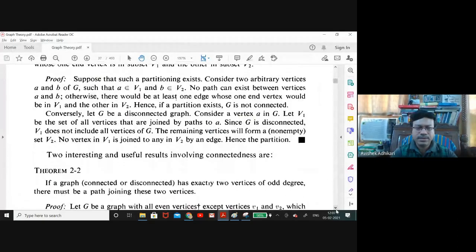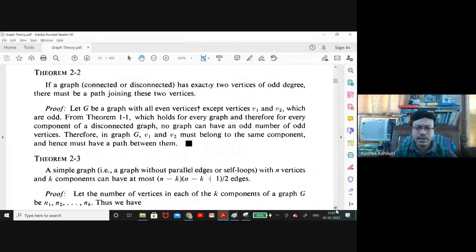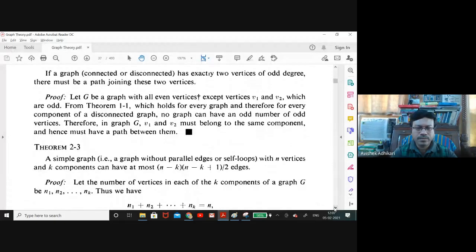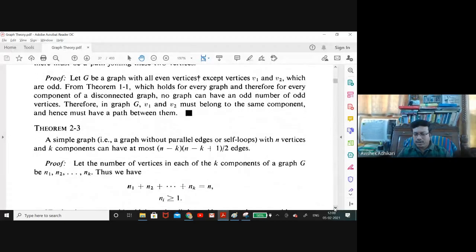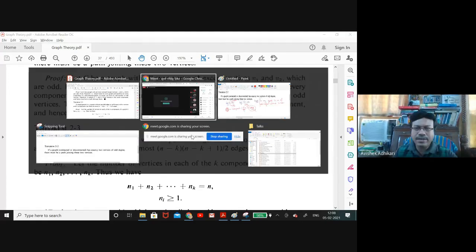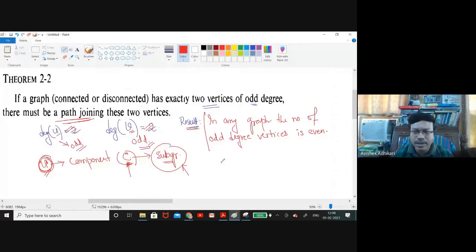It says a kind of bound. And note that this is true for simple graphs, not having parallel edges or self loops. That means you cannot have a graph like this. You cannot have a vertex like this. So this is also again an edge, so they are parallel edges.